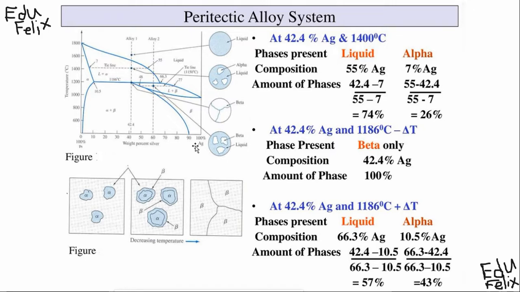This is again a complex system, but you can identify a line here. You have the liquid phase. So if you go through this line, through this alloy L1 line.